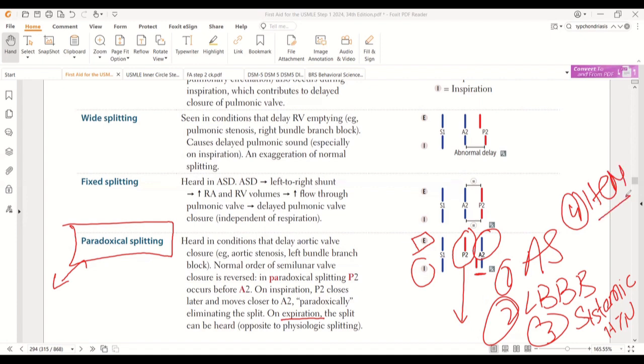These are the four high yield causes of paradoxical splitting. Normally, delay of the pulmonary valve closure produces physiological splitting, but here the order of closure is reversed in paradoxical splitting, right?